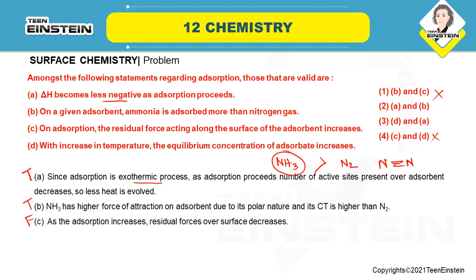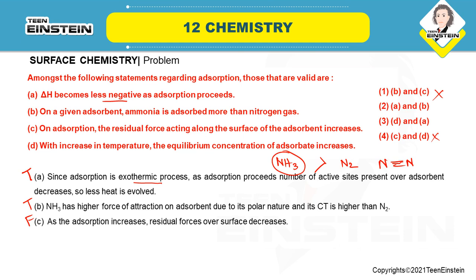And the last one: with increase in temperature, equilibrium concentration of adsorbate increases. Now if the process increases with increase in temperature, that means the process must be endothermic. But if we consider physical adsorption, the process is exothermic, and that is the reason that with increase in temperature we cannot say that equilibrium concentration of adsorbate increases.